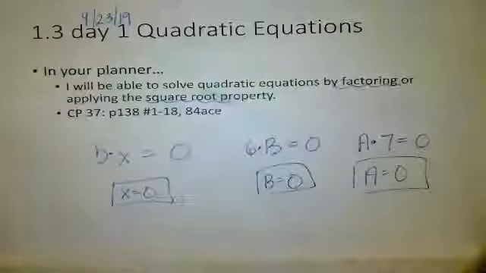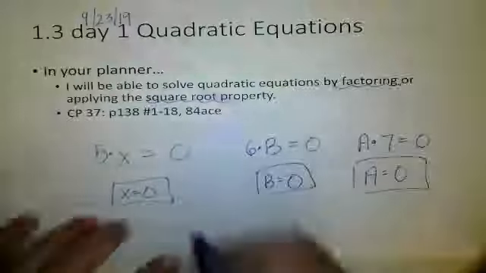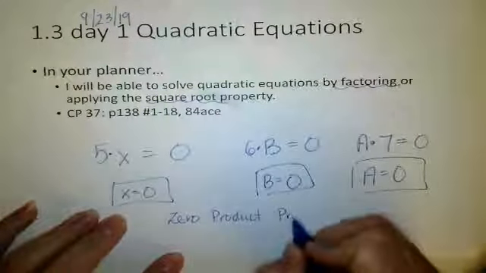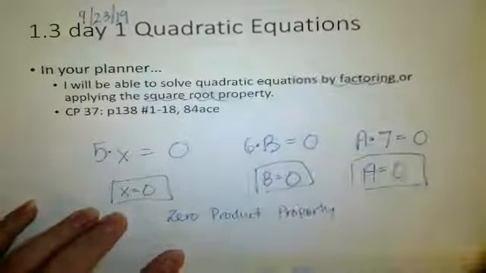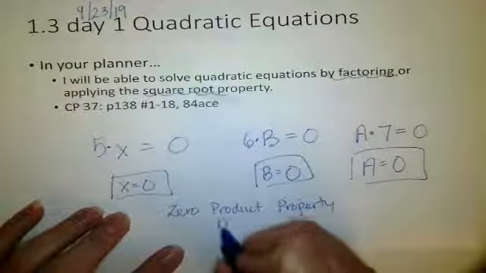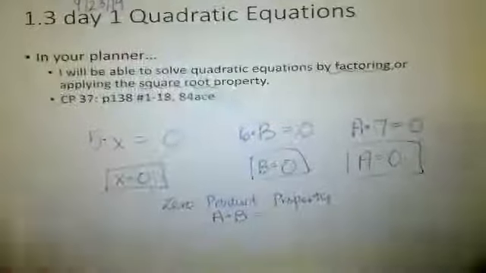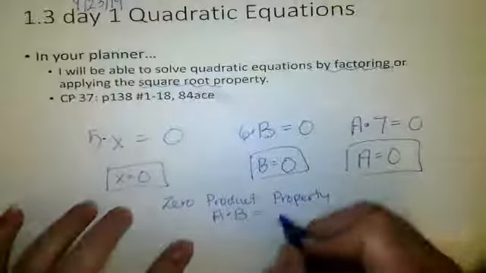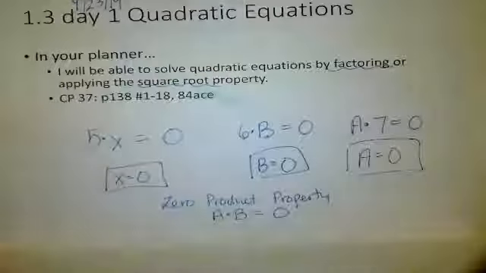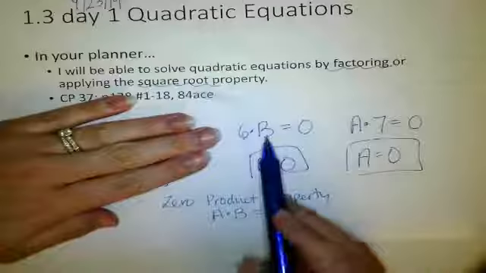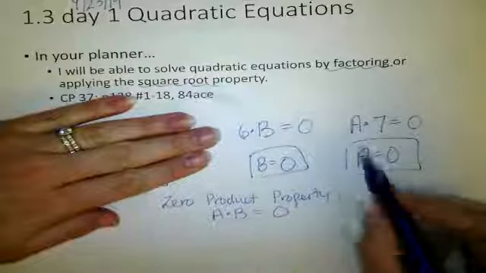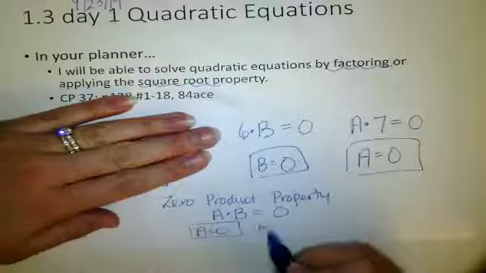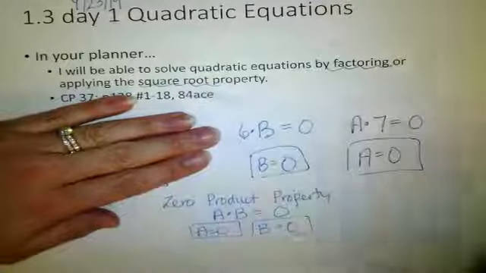So what I'm illustrating to you is the zero product property, which says if I have a product, two things multiplied together, A times B, and they are equal to 0, then it must be true that either A is equal to 0 or B is equal to 0, or both.